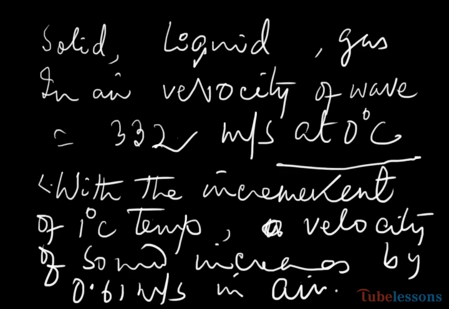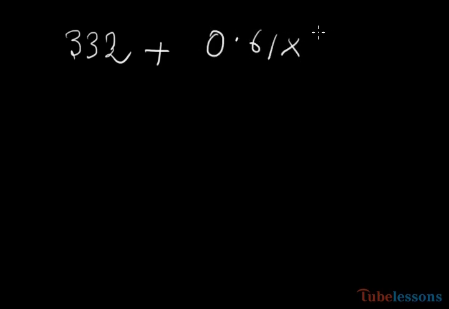If it is asked what is the velocity of sound at 40 degrees Celsius in air, the velocity of sound will be 332 plus 0.61 into 40 meter per second.